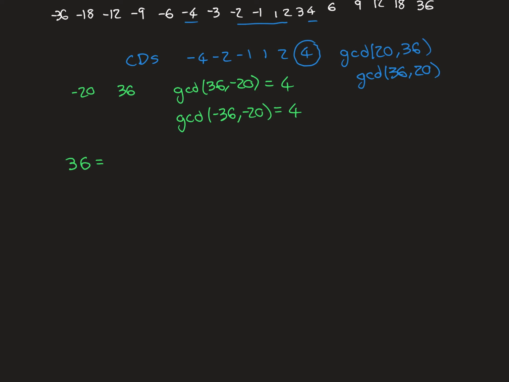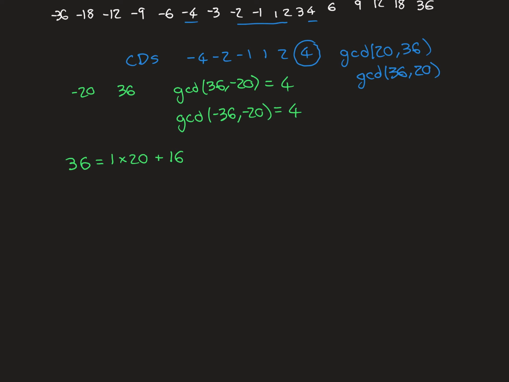So we're going to write it as some quotient times 20. Now, the quotient we're going to need is 1. So 1 times 20 plus some remainder, which is going to be, not 14. I've done some terrible mental arithmetic there. 16. And Euclidean division tells us that we can do this.